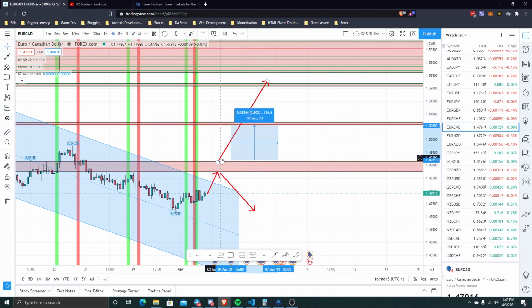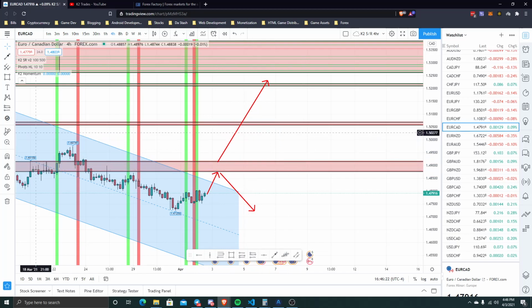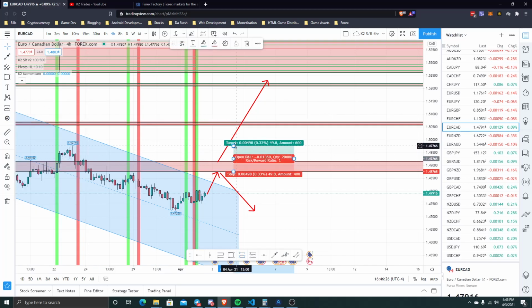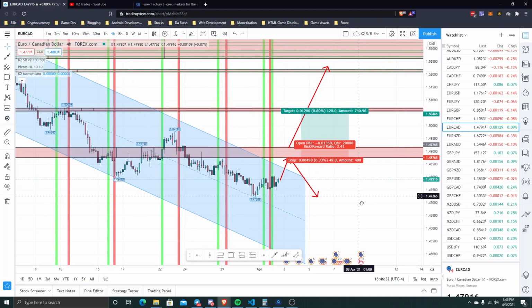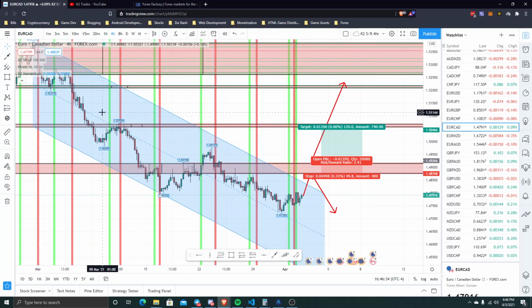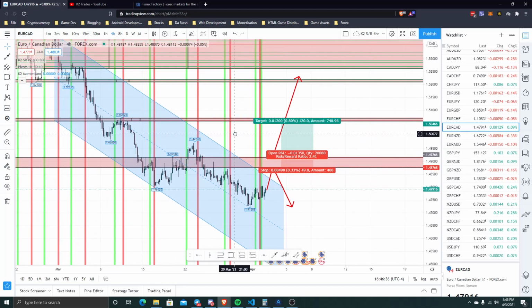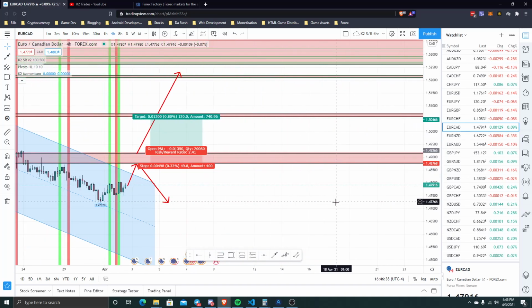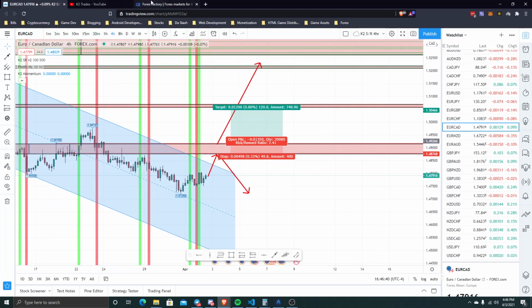All right, so if it breaks past this zone right here, I may go in for a long position, because that's a good 100+ pips that I can aim for. And I don't think Euro is gonna drop more, but I don't know just yet. We have to wait and see.